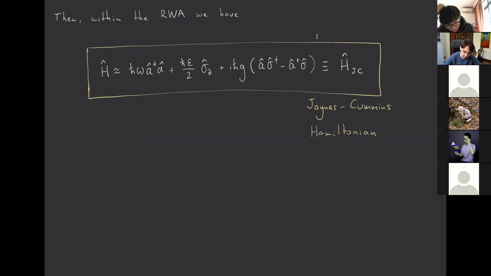And as we are going to see, in contrast to the Rabi Hamiltonian that is very difficult to diagonalize, this Hamiltonian here is actually easily diagonalizable.